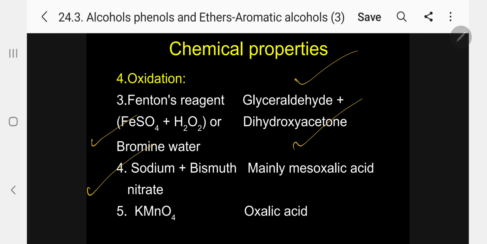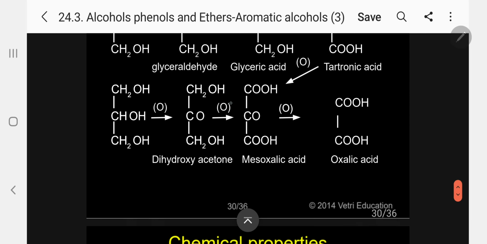Sodium bismuthate mainly gives mesoxalic acid. Potassium permanganate gives oxalic acid. Kindly memorize these reagents and products. It should be useful to you.